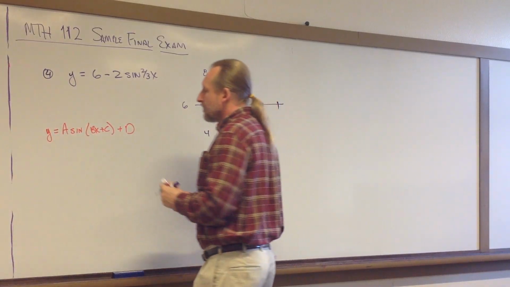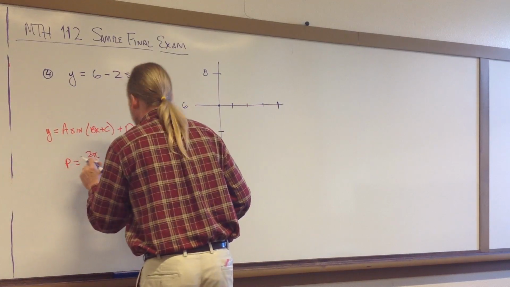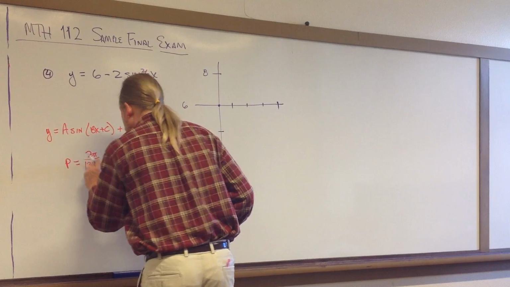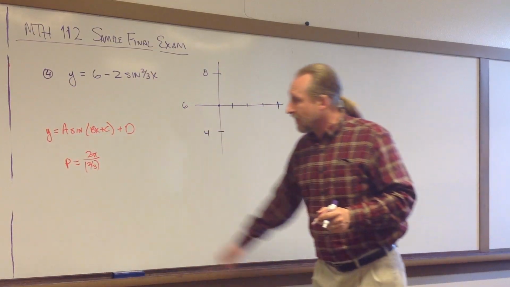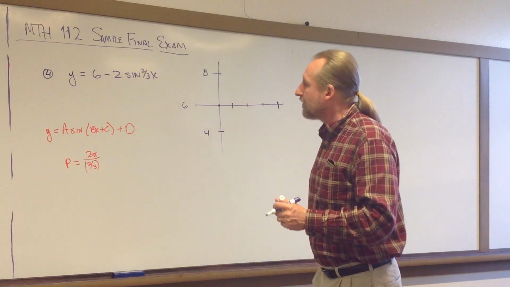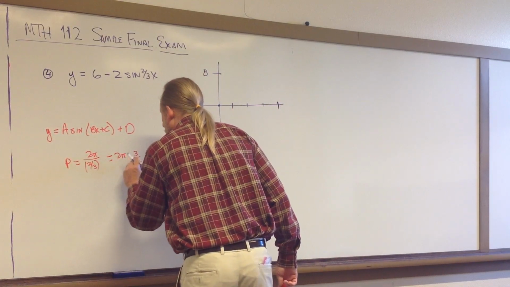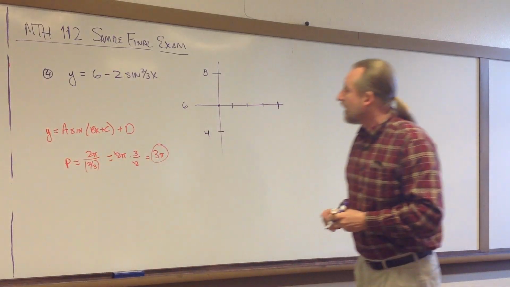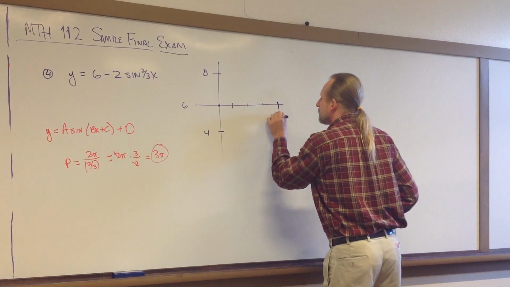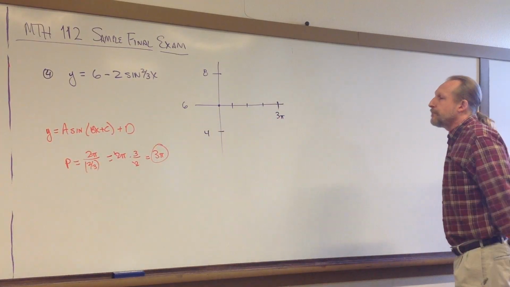So, from the formula sheet, the period is 2 pi divided by b, which in this case is 2/3. If you're going to divide by a fraction, it's important to have parentheses around it. I'm in the habit of multiplying by the reciprocal, which gives us a period of 3 pi. Since there's no phase shift, that means our graph is going to end at 3 pi.